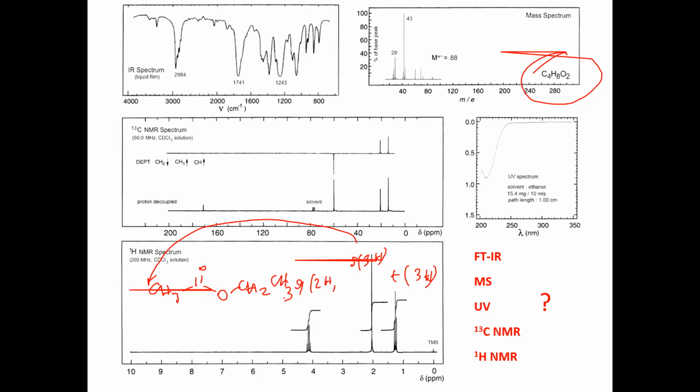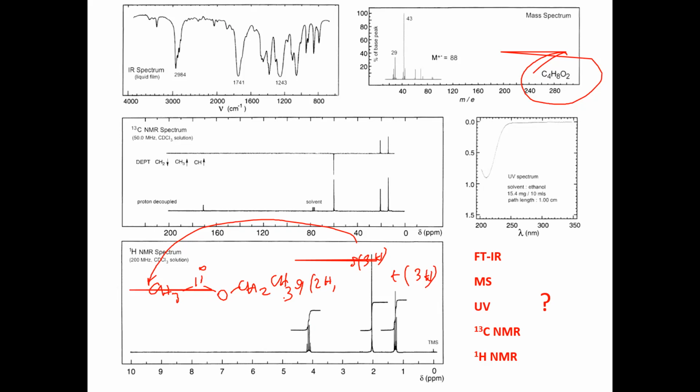On the DEPT, the carbonyl and all the quaternary carbons disappear. If there were other peaks here and they disappear over there, they are also quaternary. When you analyze carbon-13, first analyze the normal carbon-13. I can see 4 carbons, so the molecule is not symmetrical at all.